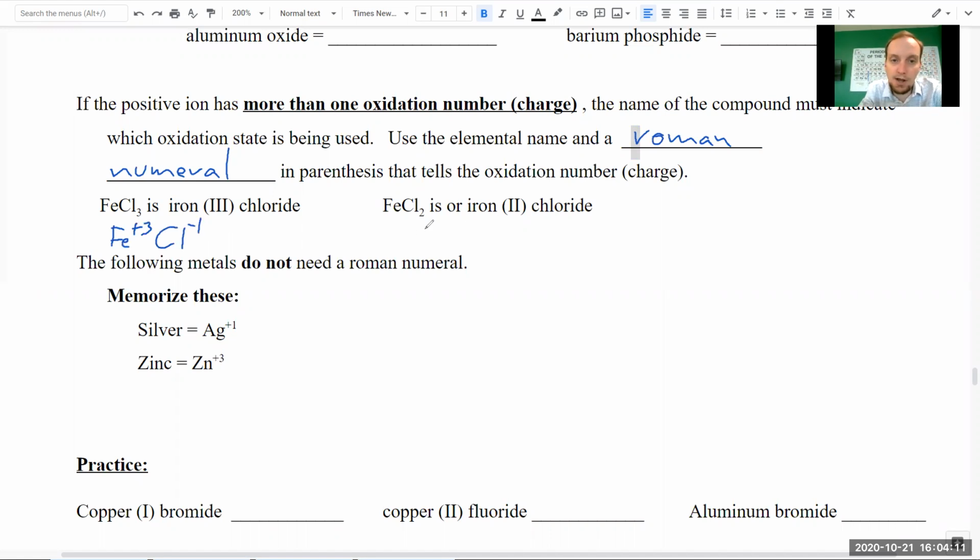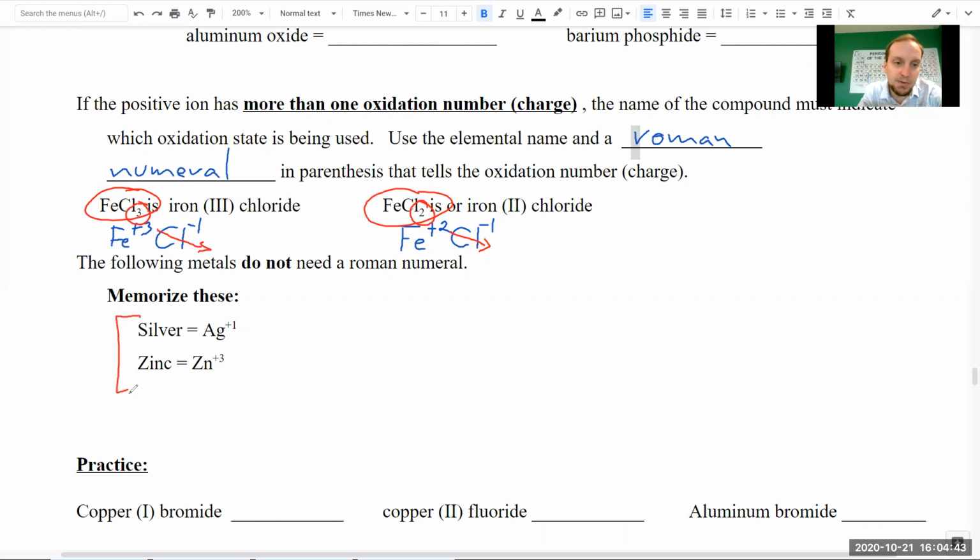Iron 2 chloride would have to be iron with a +2 charge, and then chlorine with a -1. Again, if I move that down there or move that down there, what we get is, of course, FeCl3 or FeCl2. So that's why we have to indicate this is iron 2 chloride, this is iron 3 chloride, because that's going to determine this number here as to what was the original charge of our particular iron.